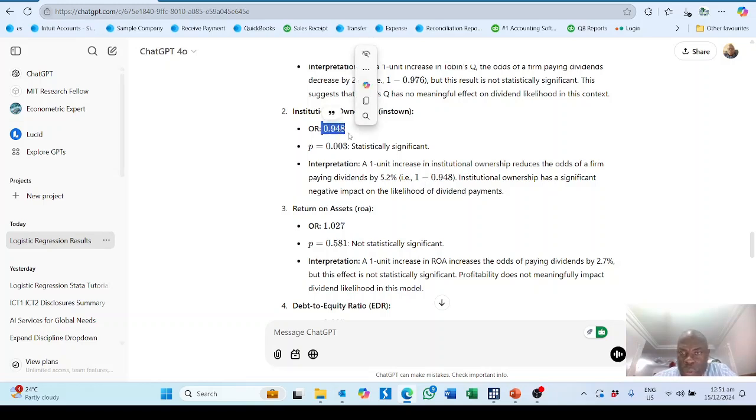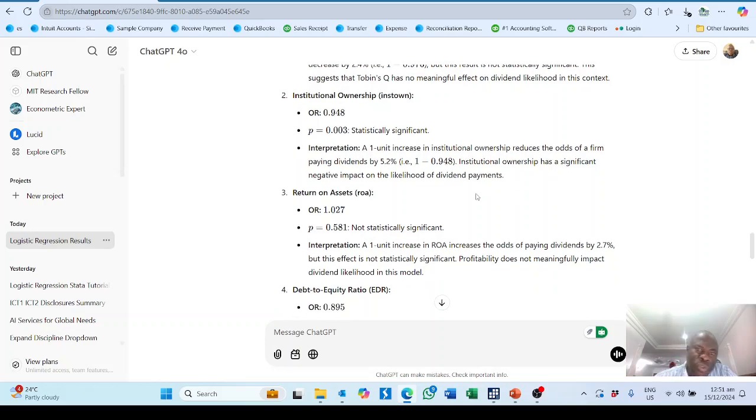That's the odds ratio. So the implication: institutional ownership has a significant negative impact on the likelihood of dividend payment in the consumer goods sector.